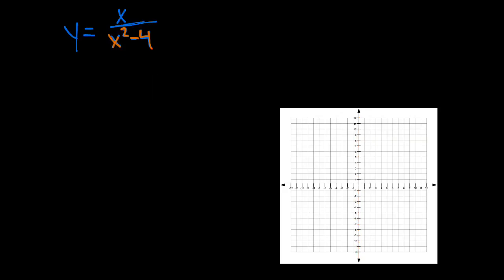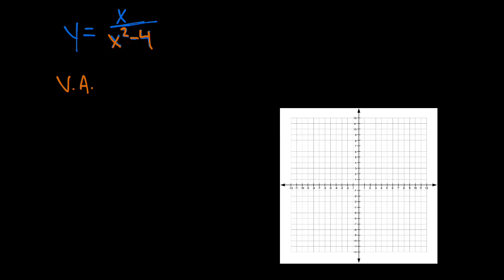So moving on to the next equation, y equals x over x squared minus 4. To find the vertical asymptotes, we just consider the bottom of that fraction, so x squared minus 4, and we want to know what values might make that 0, because we can't divide by 0.